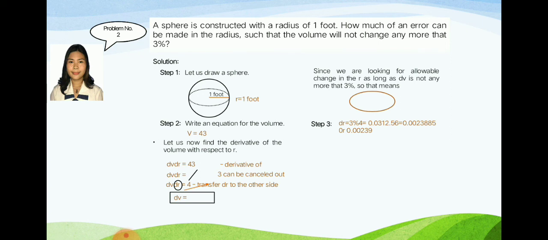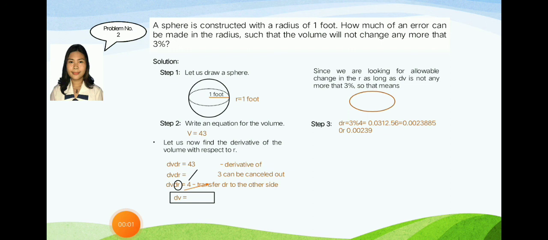So 0.03 over 12.56, from 4 times 3.14, which is the value of pi. Then 0.03 divided by 12.56 is equal to 0.00239, which is 0.239 in percent.